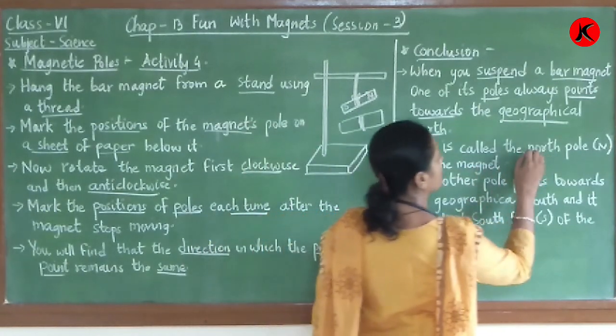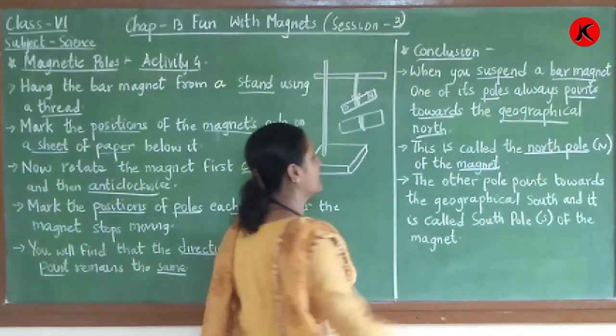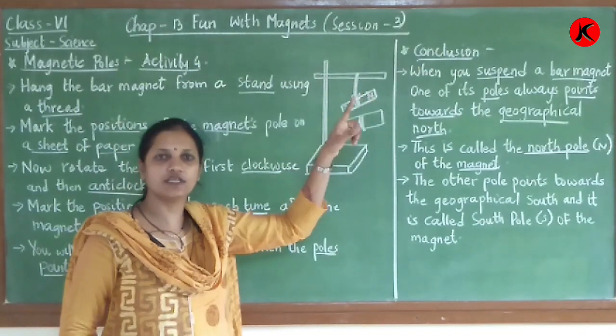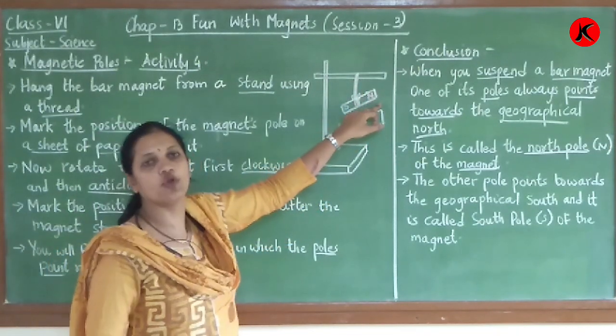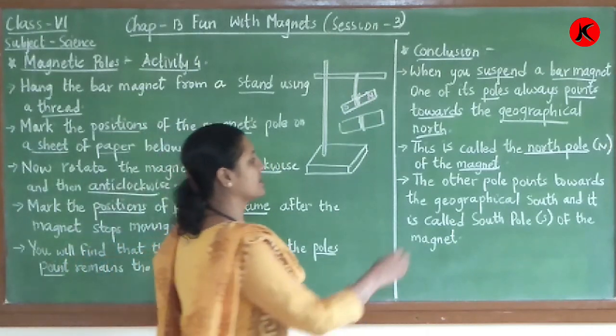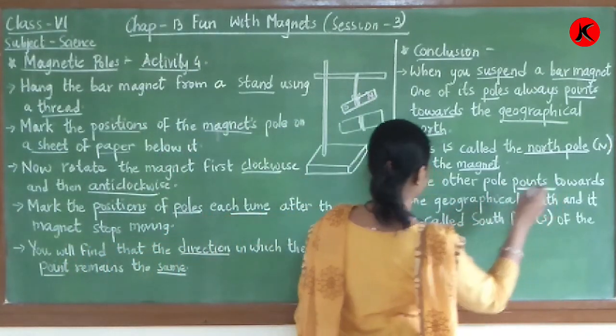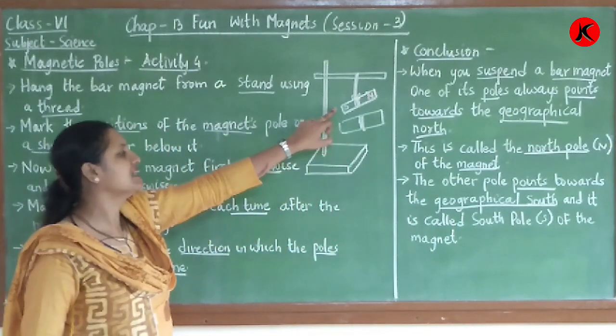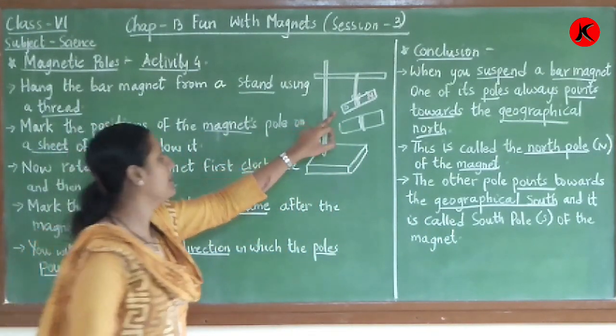This is called the north pole of the magnet. So whichever end is showing the northern part, it is the north pole of the magnet. The other pole points towards the geographical south and is called the south pole of the magnet.